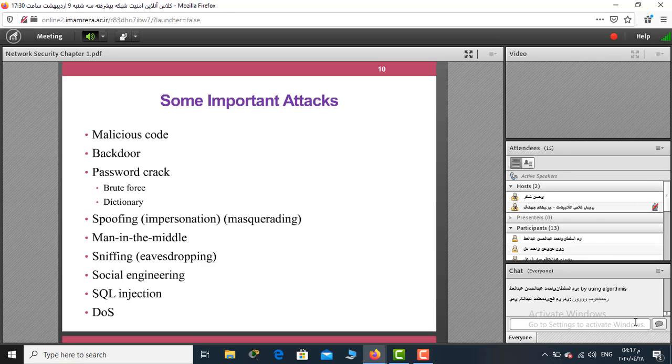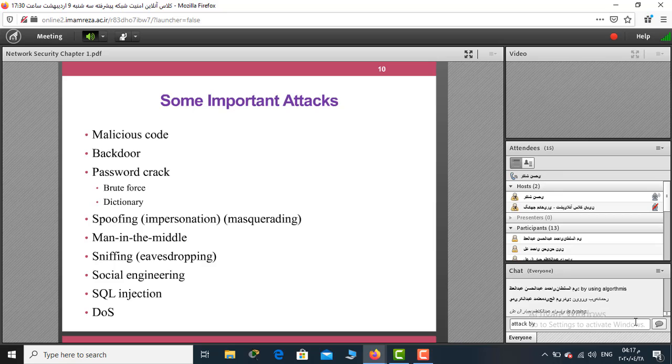For example, AAAA, AAAB, AAAC, and every possible combination of letters. This is called a brute force attack. Trying every possible combination of letters or characters to find the password.